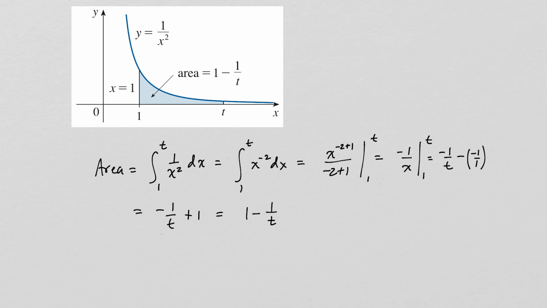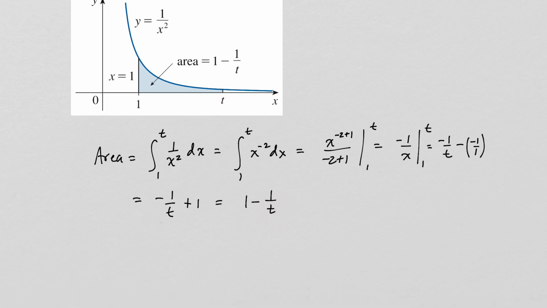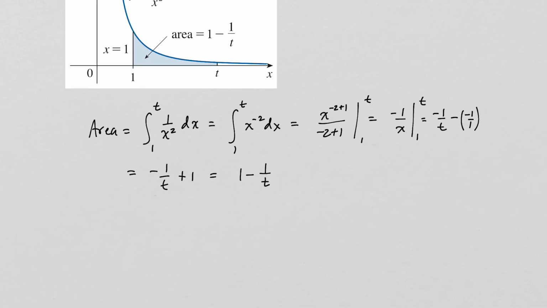Okay, so what this means is that now if we prescribe a value to t, we could simply plug in that value of t and we would get the area under the curve. So for example, if I wanted the area from x equals 1 to x equals 10, we know that the area would be the integral from 1 to 10 of 1 over x squared dx.